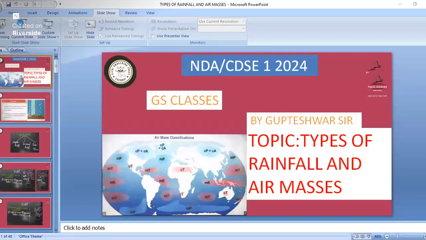First we'll see the types of rainfall and how rainfall occurrence happens. We were discussing the occurrence of rainfall in most of the previous classes, so again here we'll see how rainfall happens. This is our earth part, and here we have the water bodies.